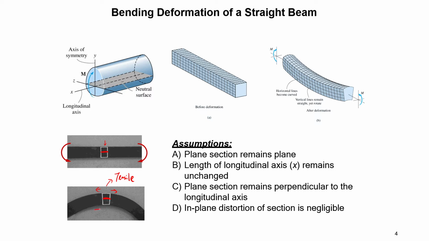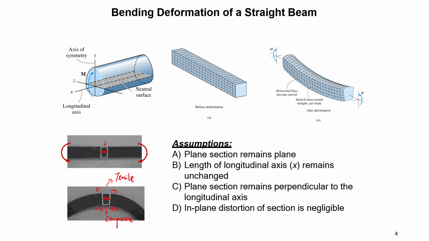In contrast, if you look at the bottom part, this line here is now under compressive stress. Basically it shortens after this bending happens. So this essentially gives a clear picture of what happens in bending.